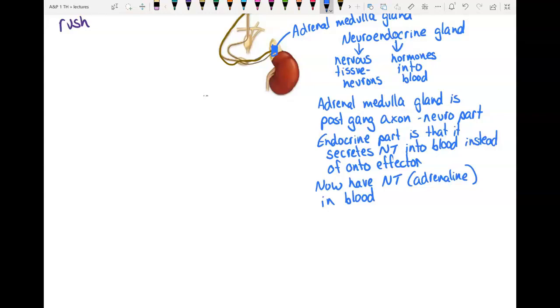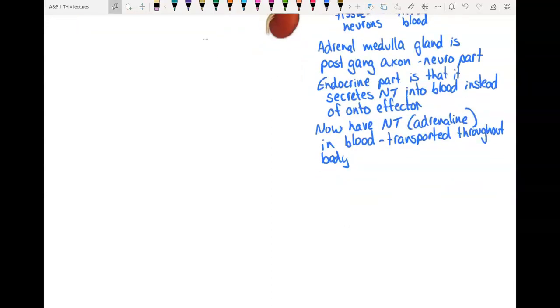And because the neurotransmitter is in your blood, it is transported throughout the body. So you are making sure to hit every effector. There's no hiding from the blood. So every effector is going to get this adrenaline. And stuff in the blood stays for several minutes, whereas a nerve signal is a fraction of a second.